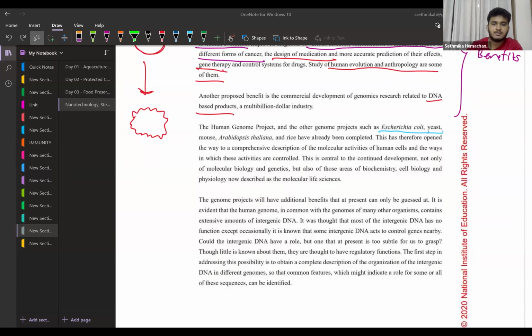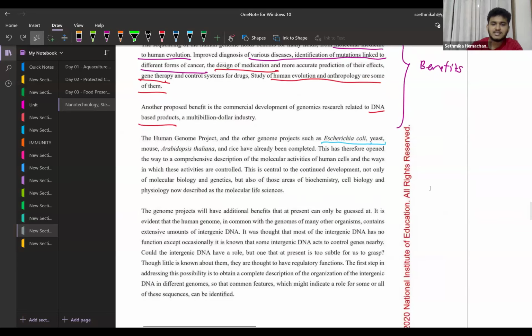It's not Saccharomyces, the spelling many of you write is wrong. It's Saccharomyces cerevisiae, right? Saccharomyces cerevisiae. Let me write it.